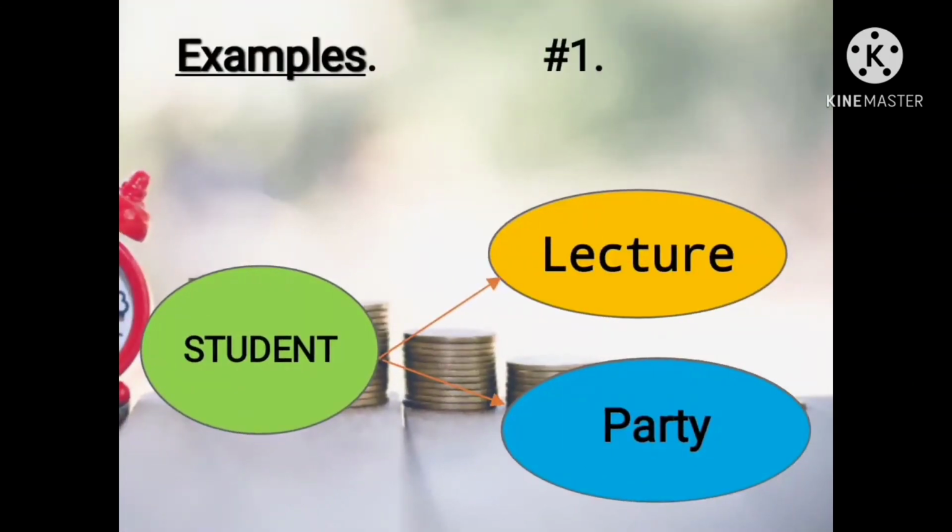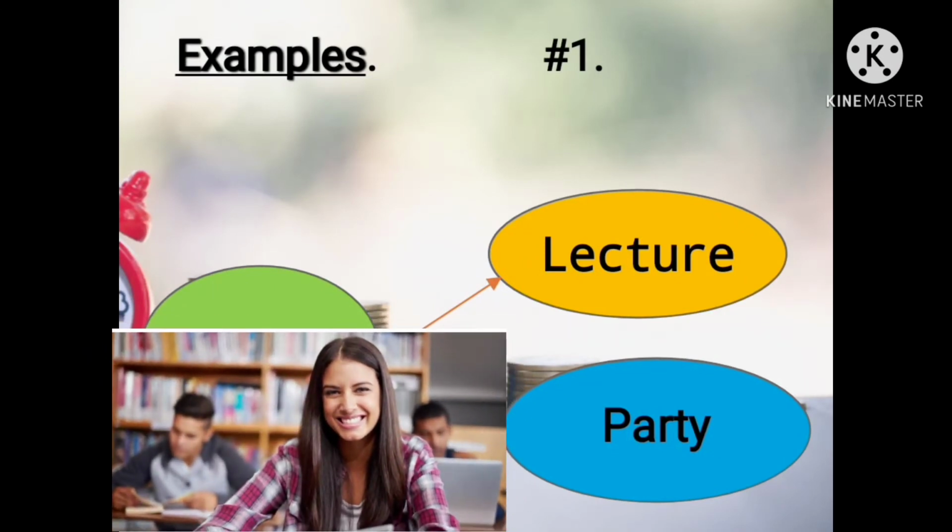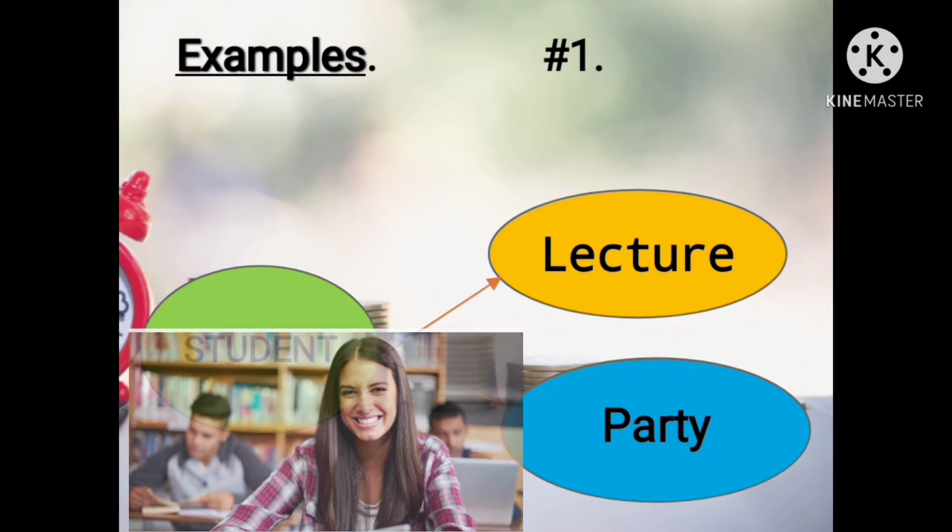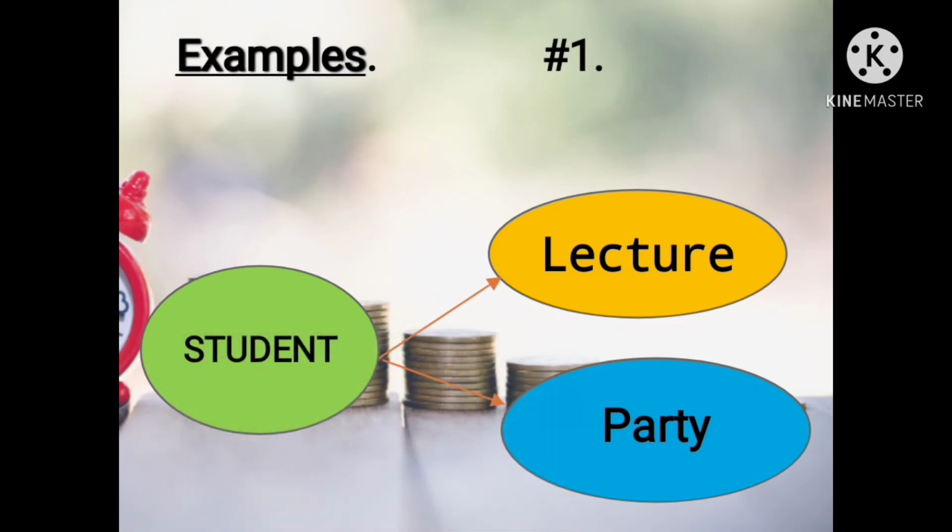Look at some examples here. To a student, if there are two options, two alternatives out of which he has to make a choice, that is to say, to either go for a party or to attend a lecture.